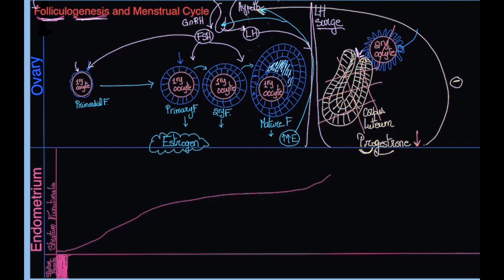So each month, while I'm transforming the primordial follicle into a mature follicle, those growing follicles are going to be releasing estrogen, and the estrogen will stimulate the endometrial lining of the uterus to increase in thickness. And we call this phase of the menstrual cycle the proliferative phase.